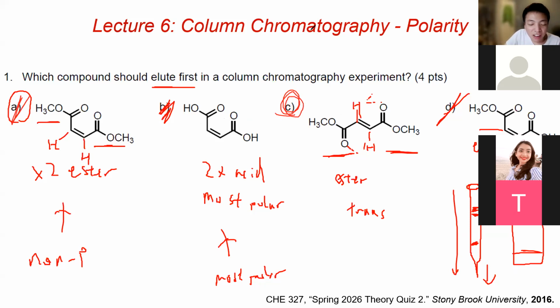So far, I can only exclude B and D. But for A and C, it deals with why trans is more nonpolar than cis.